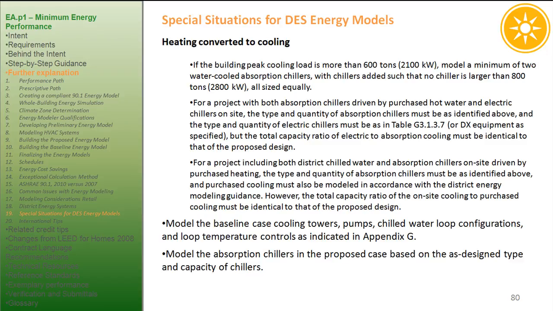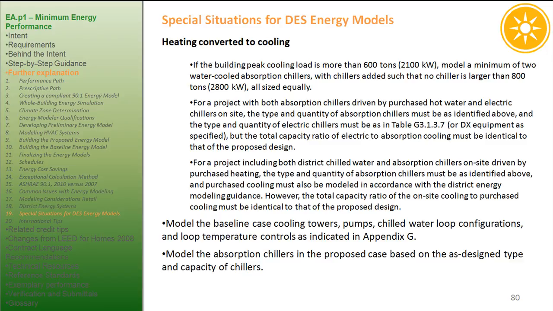6. For a project with both absorption chillers driven by purchased hot water and electric chillers on site, the type and quantity of absorption chillers must be as identified above, and the type and quantity of electric chillers must be as in Table G3.1.3.7, or DX equipment as specified, but the total capacity ratio of electric to absorption cooling must be identical to that of the proposed design. 7.